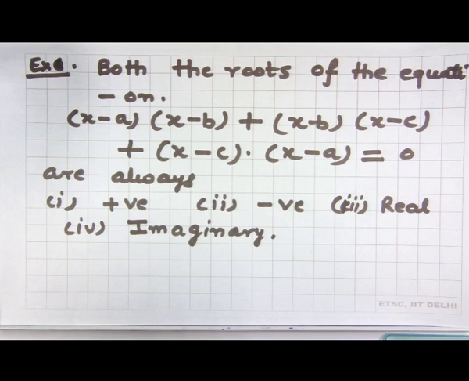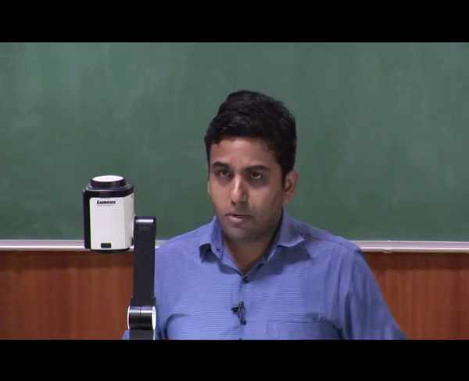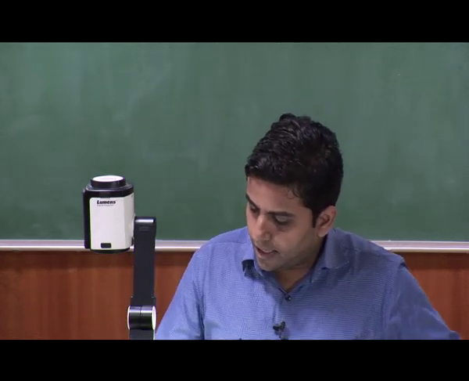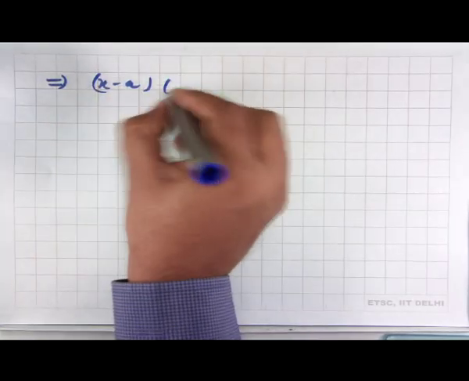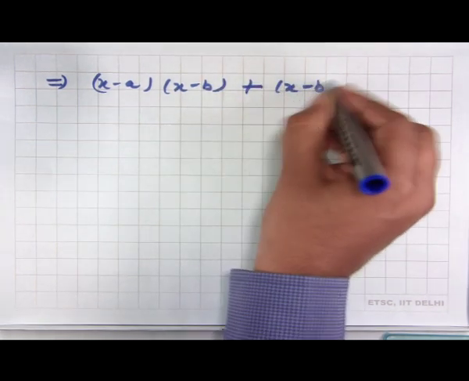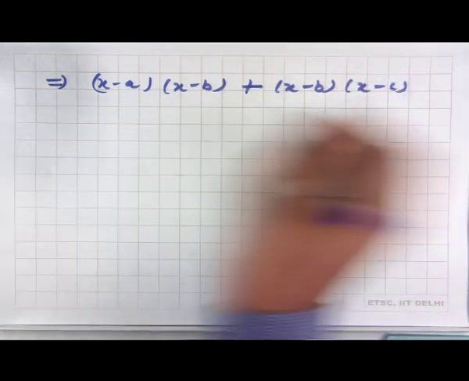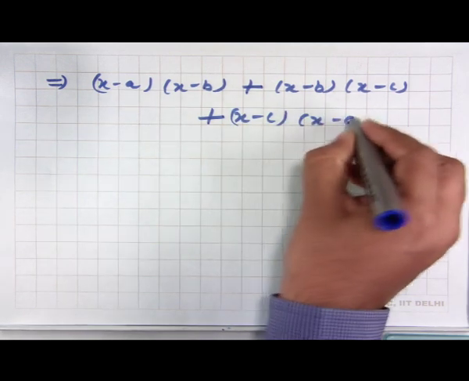Now let us start. The equation is (x minus a)(x minus b) plus (x minus b)(x minus c) plus (x minus c)(x minus a) equals 0.